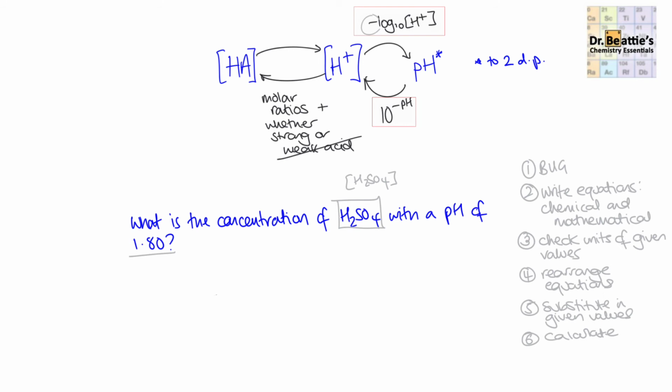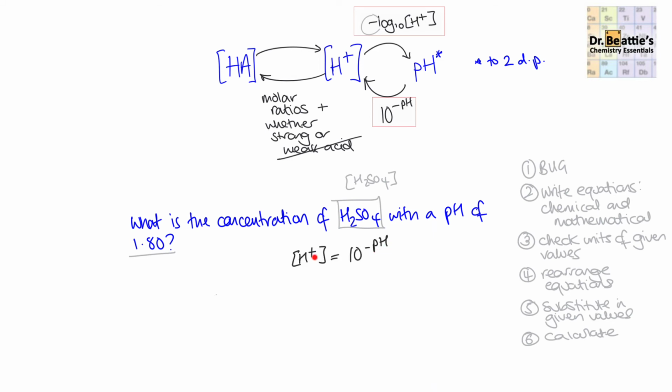Now we're going to write the equations, both chemical and mathematical, that are going to be of use. So when you think about what we've been given, the pH, so we're starting at this point here, and we're being asked to work out the concentration of H2SO4, which is this point here. So the mathematical operation that we need is to work out the concentration of H+ ion, which is 10 to the power minus pH.